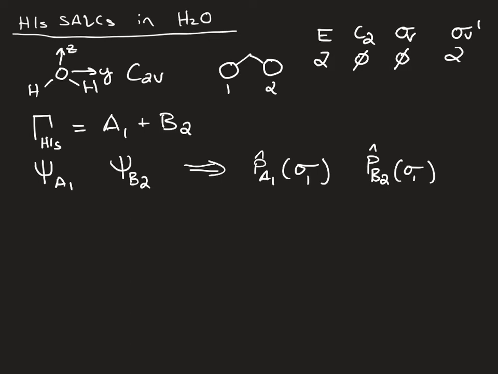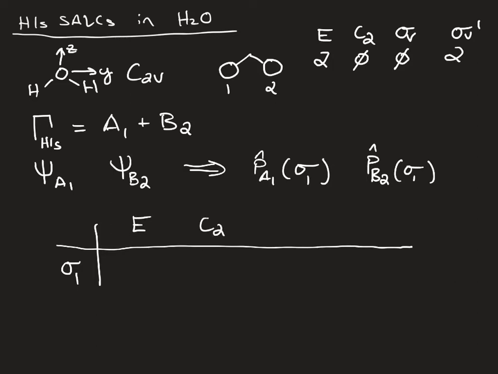with the B2 representation. Before we go through and do this, we have to know how that hydrogen 1s orbital from H1 transforms under each operation of the group. So how does sigma 1 transform on E, C2, sigma V, and sigma V prime? On E, that 1s orbital from H1 stays in the same place, so it remains sigma 1.